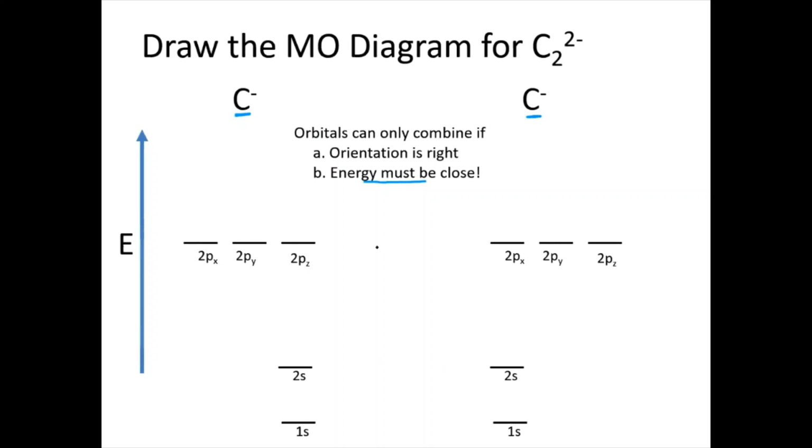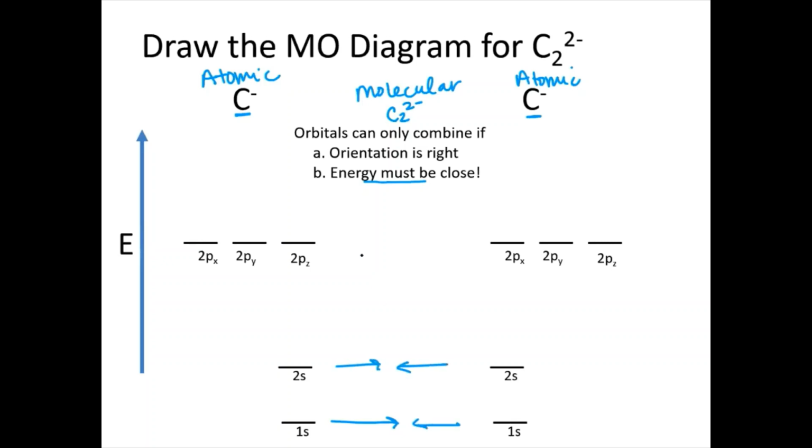Okay, and so I've got my atomic orbitals on the side, and I'm going to combine them with my molecular orbitals to form this molecule. So energy-wise, my s orbitals can combine with each other, and the p orbitals can combine with each other because they're close in energy.